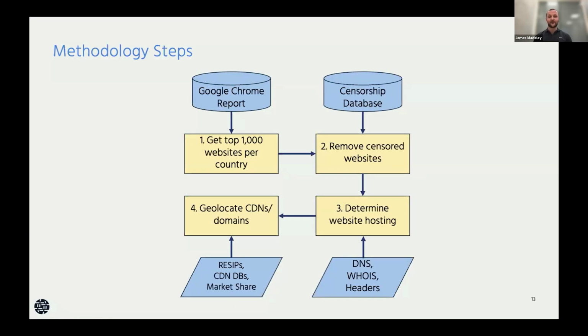And so in order to do these GET requests, we have been using the residential proxies. However, we've started testing the traceroute methodology using RIPE Atlas and global ping probes as well. So we haven't used them yet, but the intention is then to verify these results using the RIPE Atlas probes.